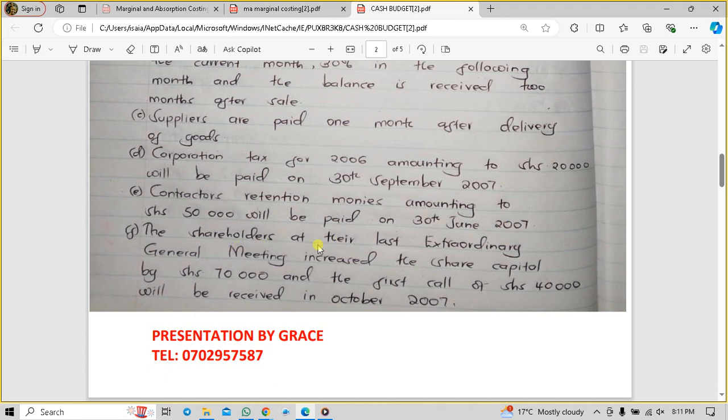The shareholders at their last extraordinary general meeting increased the share capital by 70,000, and the first call of 40,000 will be received in 2007. So there is an amount of money here that will be received in October 2007.